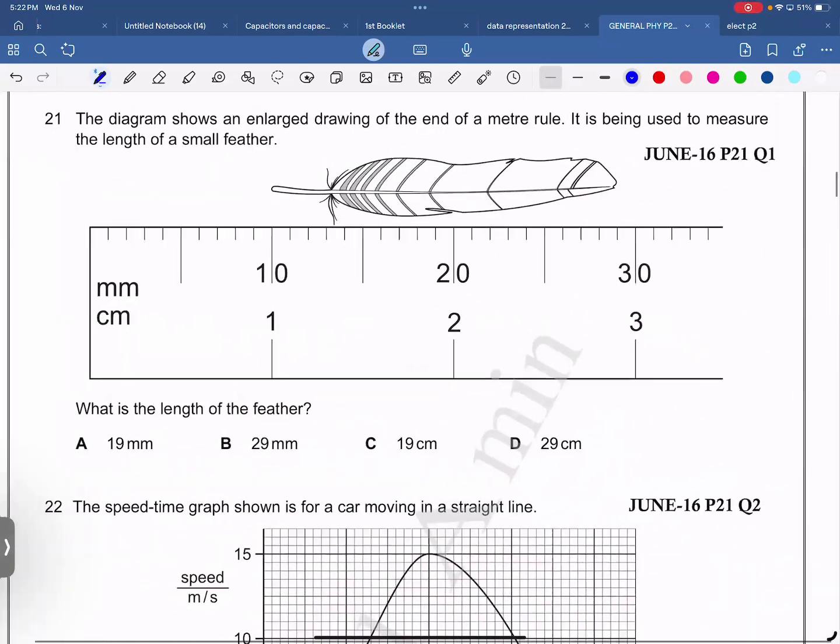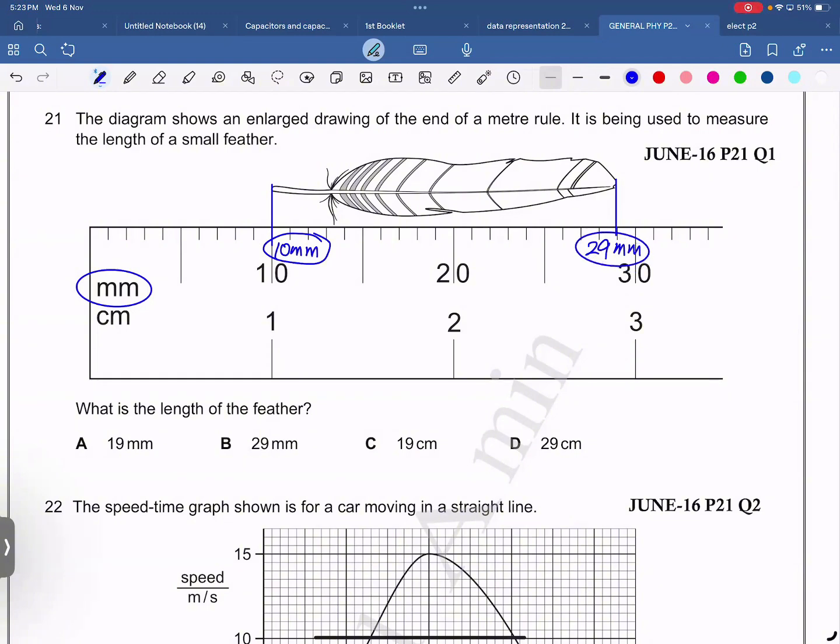Question number 21. The diagram shows an enlarged drawing of the end of a meter rule. It is being used to measure the length of a small feather. What is the length of the feather? See, the feather starts from where and ends where? It starts from this reading and ends at this reading. If you read this millimeter scale, it starts at 10 millimeter and ends at 29 millimeter.